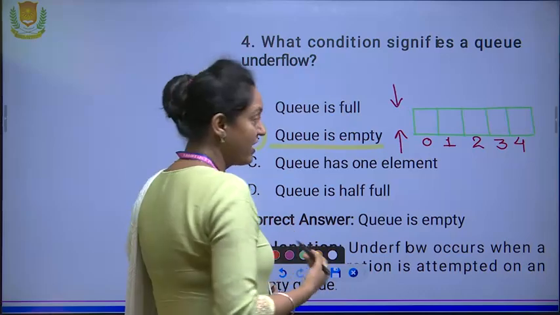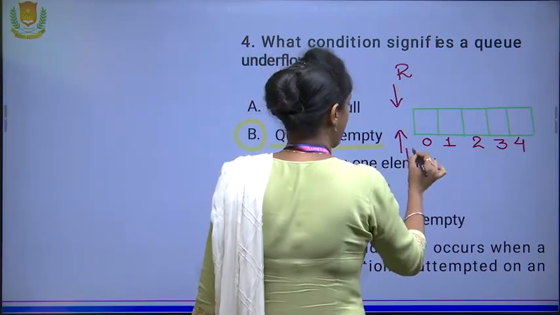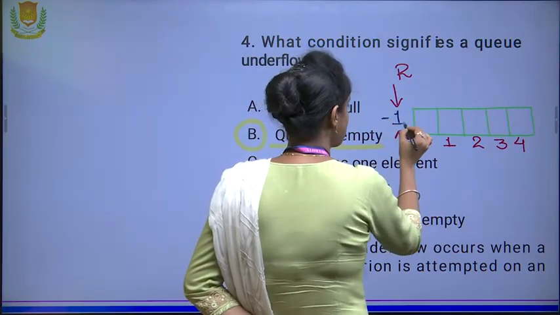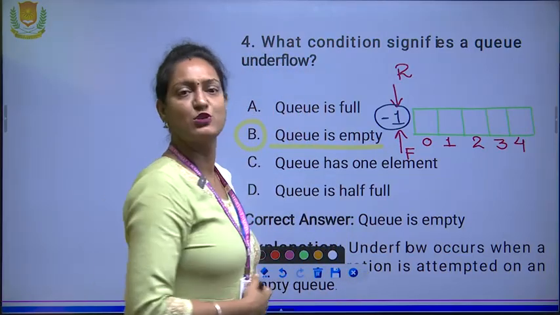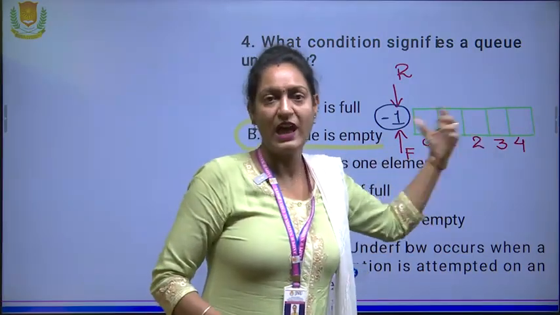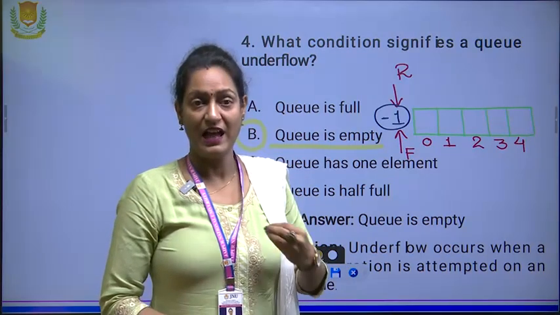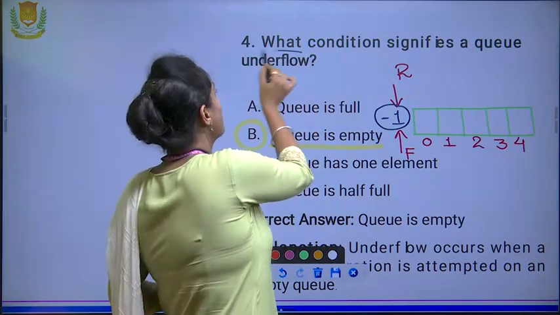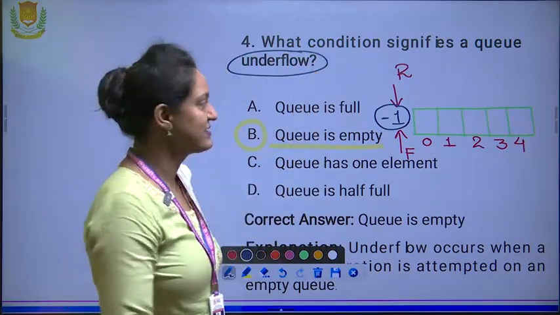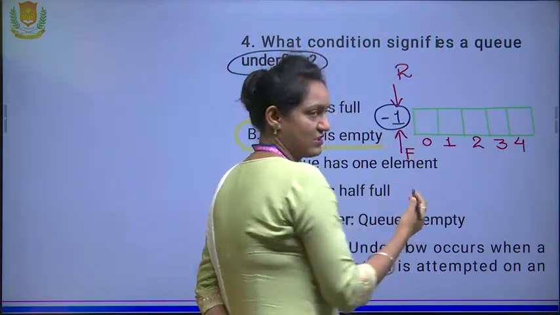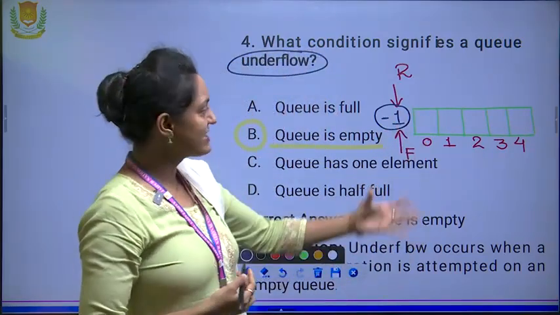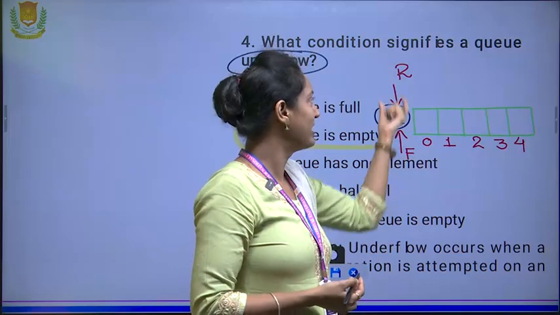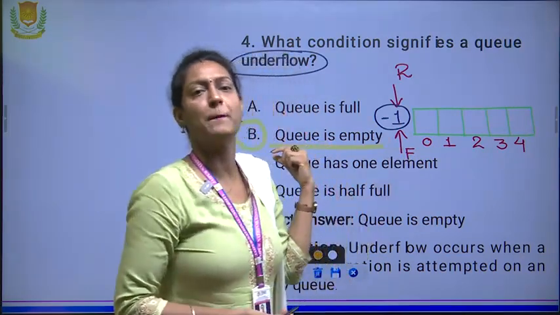So now the rear and front both are pointing to -1, and if there is no element present in my queue and I want to delete an element, this situation is known as underflow. This is the final situation we set when all the elements are deleted: the rear and the front point to -1 again.